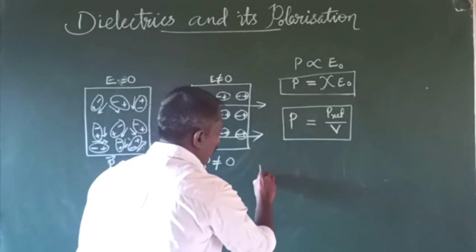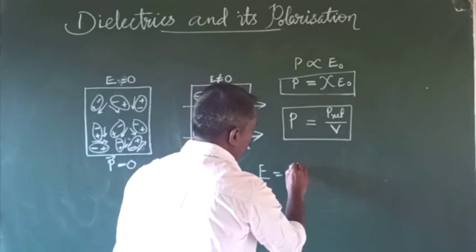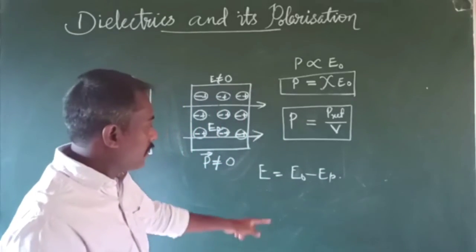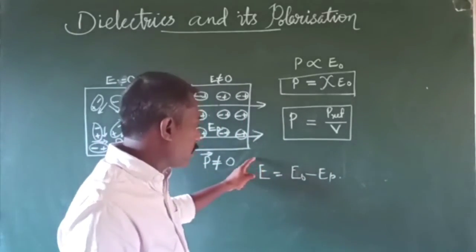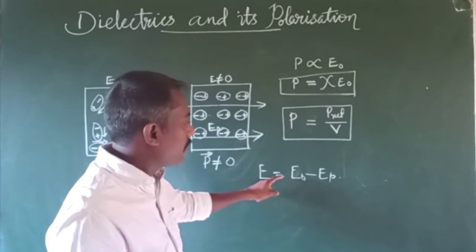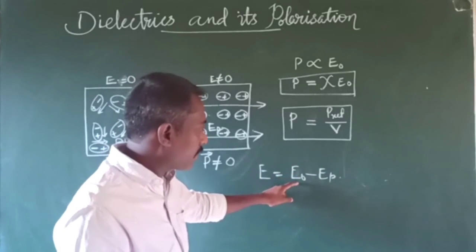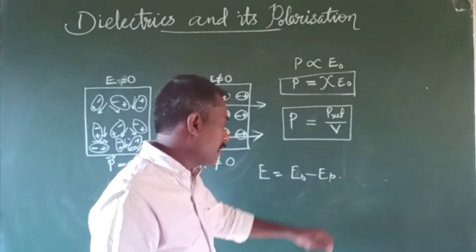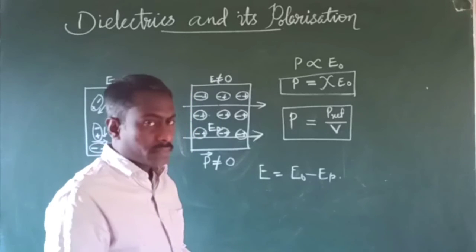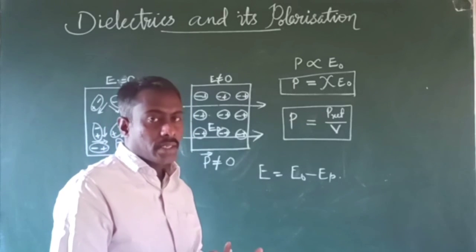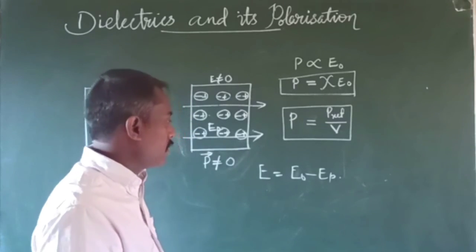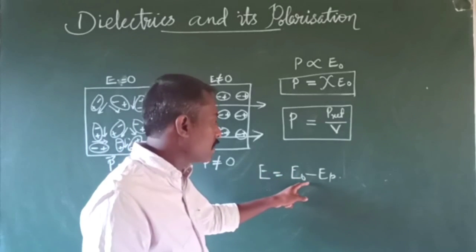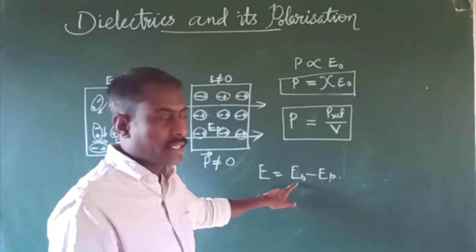The net electric field will be E equals E naught minus EP. That means the strength of the net electric field will be E0, the external electric field, minus the electric field produced by the polarization. That means if we want to decrease the electrical behavior of a substance, we need to increase the value of the external electric field.